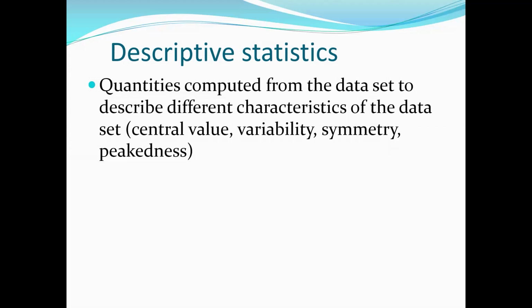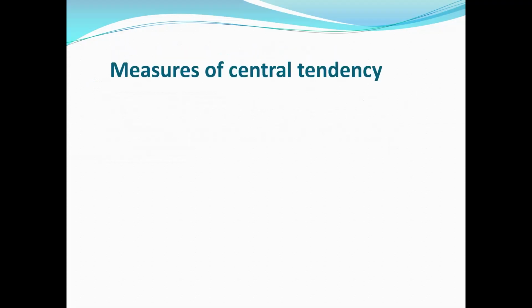And for that, we will calculate some statistical values. Measures of central tendency. We want to know as a whole, what is the status of the class? That is the central tendency. For that, we have three measures. These are all familiar to you from your school days itself. You would have studied how to calculate mean, median, mode. In other words, it is the average.